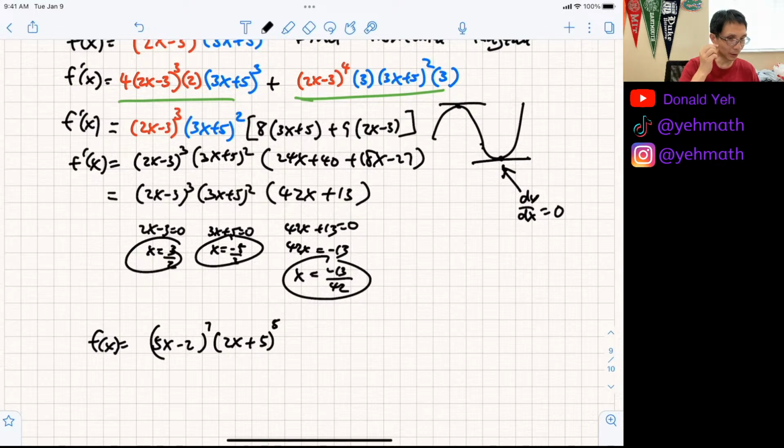Let's see if you can factor this correctly, finding all the horizontal tangents, which is setting all the factors equal to 0. And check with each other to see what I get.